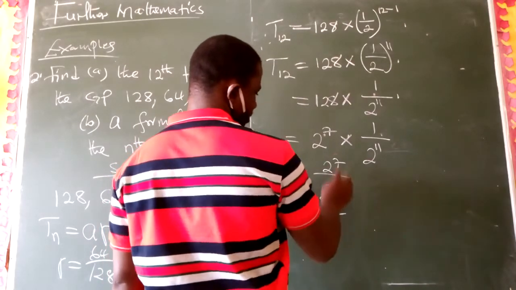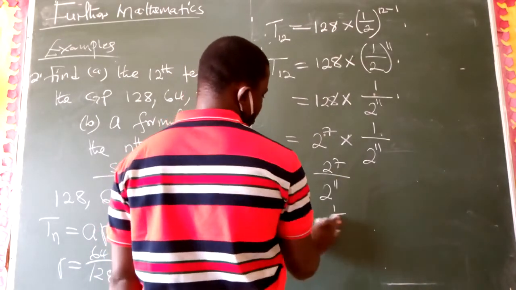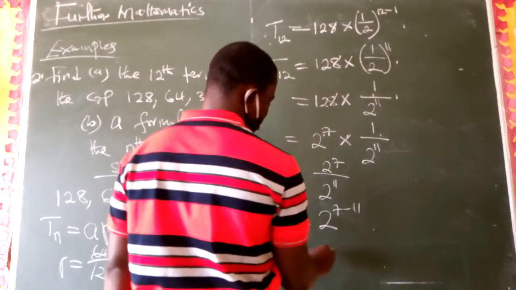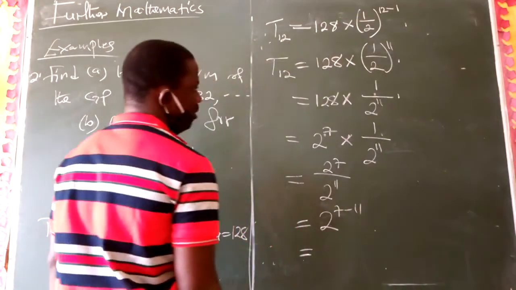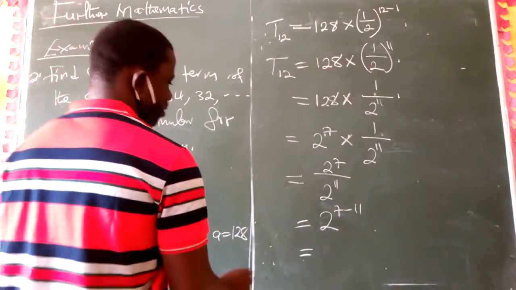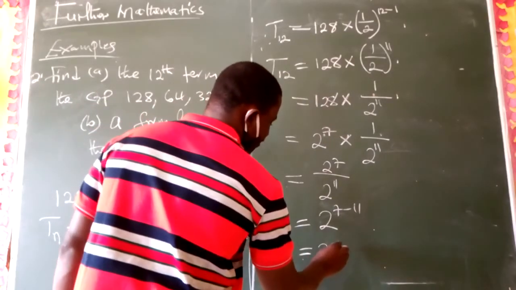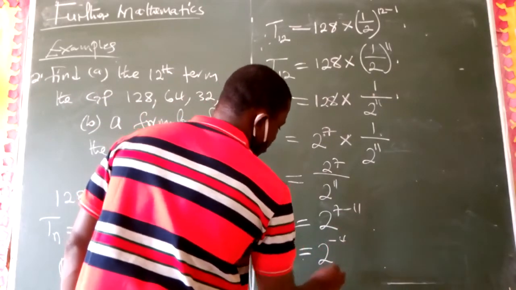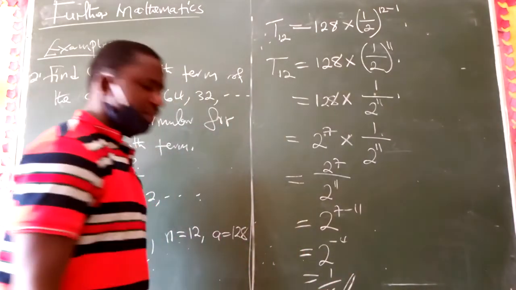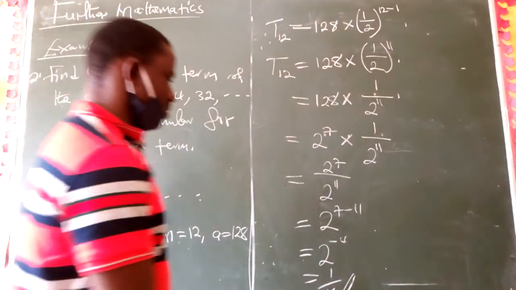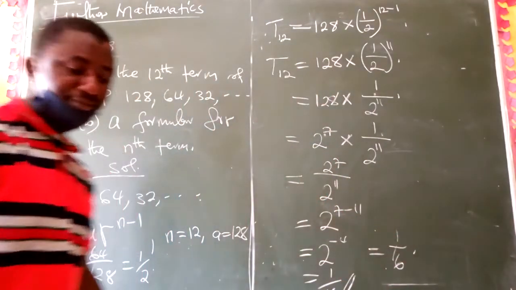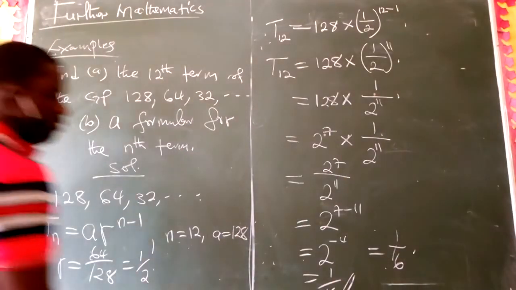Let me write it like this so you can get it clearly: 7 minus 11, which is 1 over 2 raised to power 4, which is simply 1 over 16. You can see clearly, right? So that's it, 1 over 16.